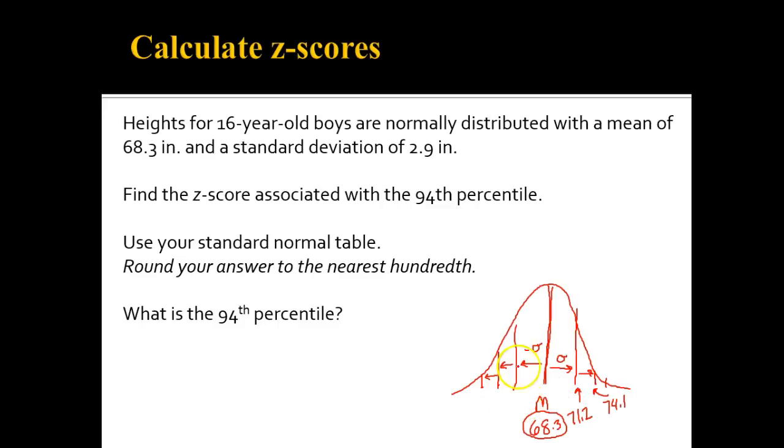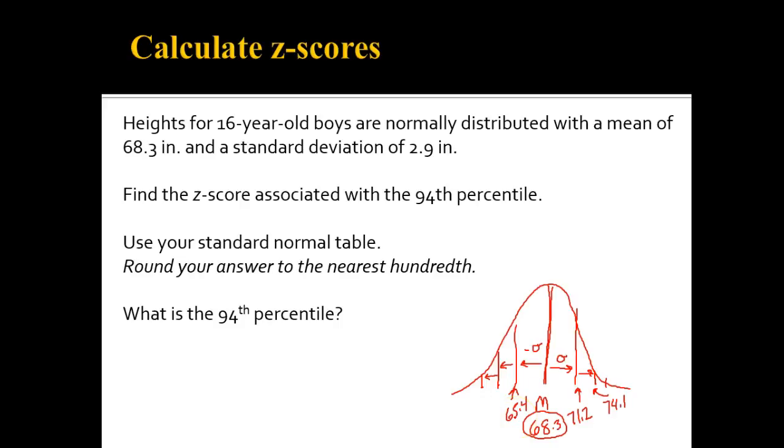Okay, and then we go down. 68.3 minus 2.9 would be 65.4, and we can keep on going down to find more standard deviations away from the mean.